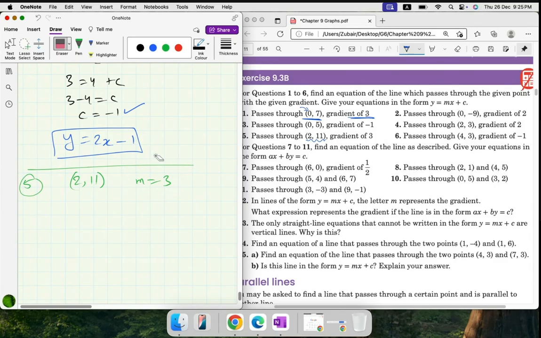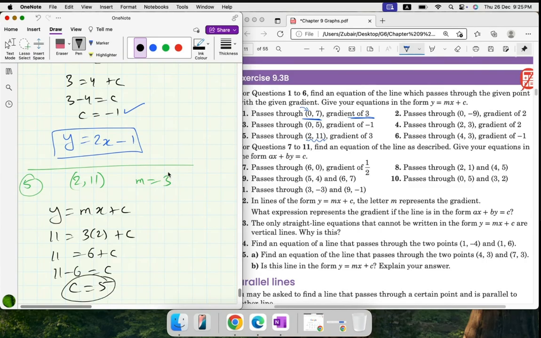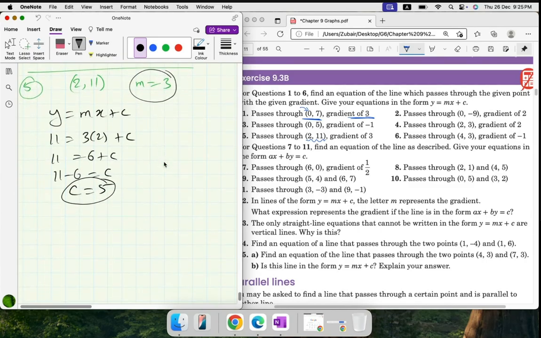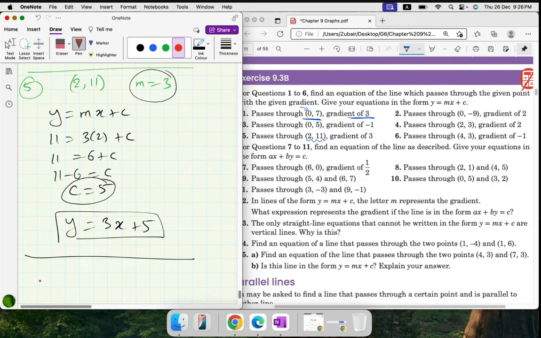Oh, yes, sir. Wait. y equals 3x plus 5. Yes, sir. Try number 6.